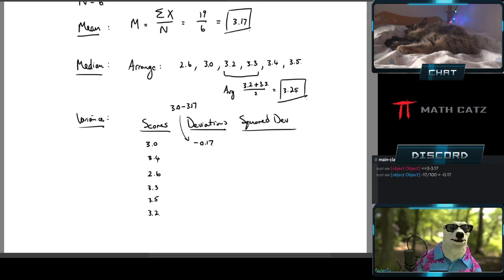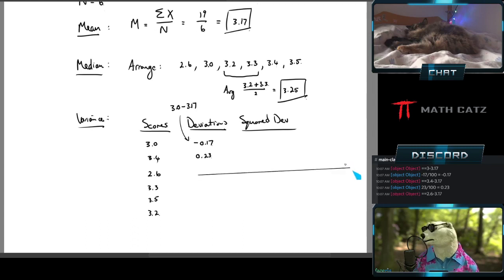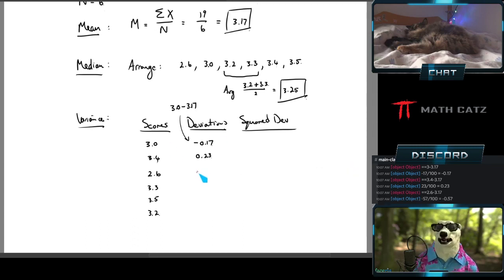Next one is the score 3.4 minus 3.17. If you think this is tedious, it's supposed to be when it's done by hand, to give me an appreciation when I can automate some of these things. Next score, 2.6 minus 3.17, the mean. I get a negative 0.57. And you'll see everything below the mean is going to get a negative deviation. Of course, everything above will be a positive deviation.